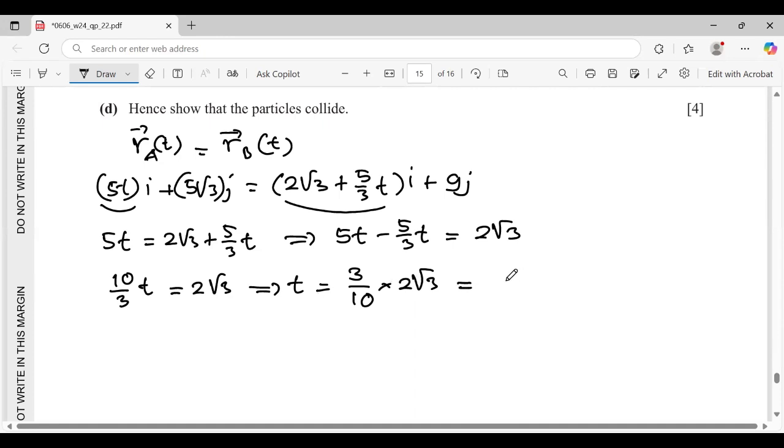Simplify: 3 over 10 times 2 is 3/5. So t equals 3/5 square root 3.